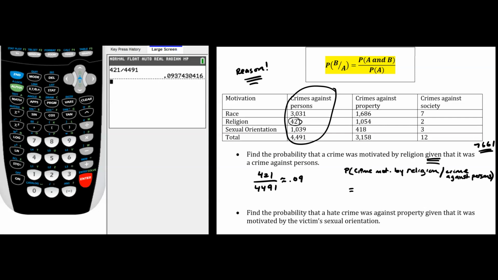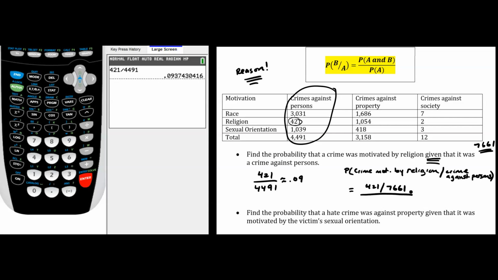So when we are addressing the probability that the crime was motivated by religion, given that it's a crime against persons using the formula, we first have to use the numerator part of this formula, where it's saying, let's do the probability that it was motivated by religion and a crime against persons. Then you would be looking at this 421 out of the grand total of 7,661.